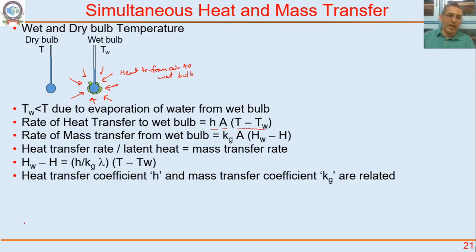And we talked about driving force for mass transfer. If you don't recall, go and revisit the MEBC lectures. Mass transfer is from water vapor, from the wet bulb to the air.